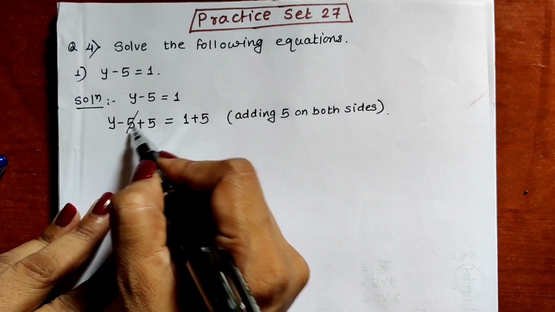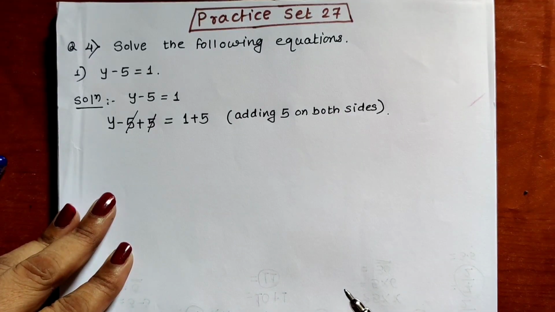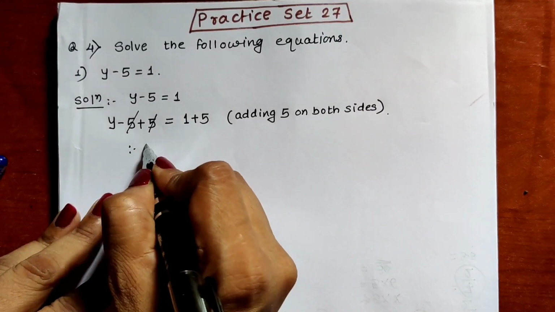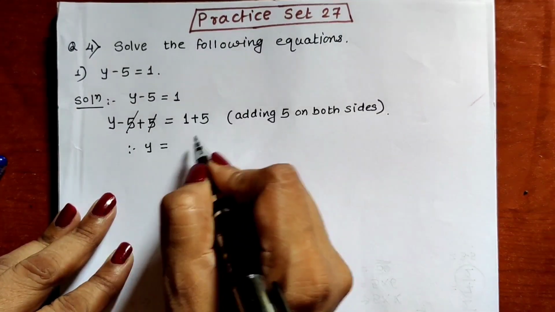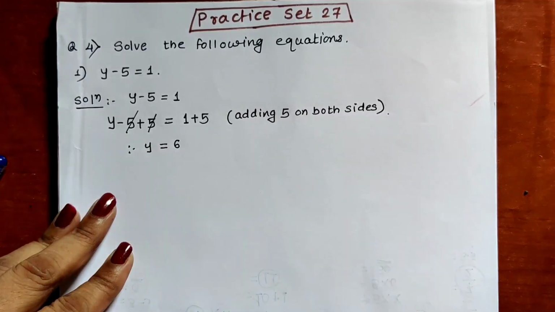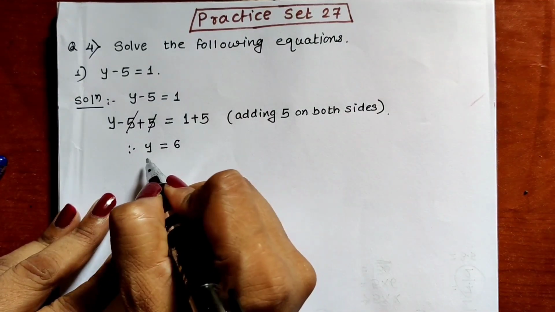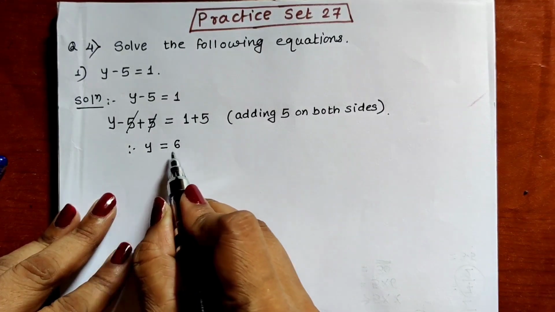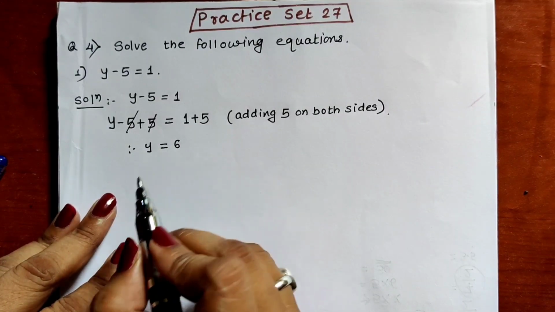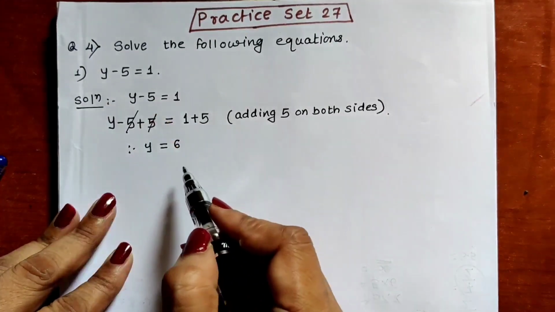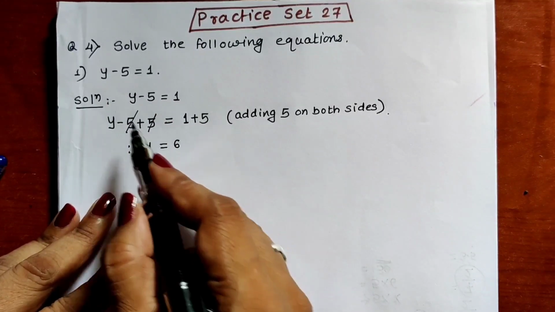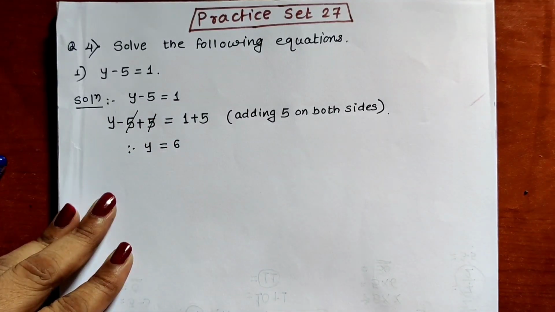So plus 5 minus 5 cancel. Cancel means 5 minus 5 is 0, and that's why we cancel it. What is remaining? Only y is remaining. 1 plus 5, we can do it, 6. 1 plus 5 is 6. So in the end, we get the value of the variable y is equal to 6. So in this way, we have solved the sum. We have solved the equation. y is equal to 6 is the solution of this equation.